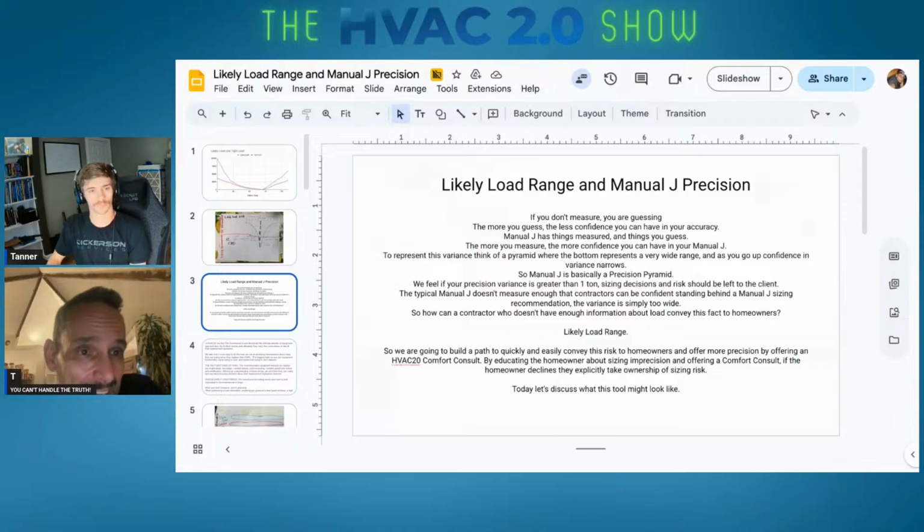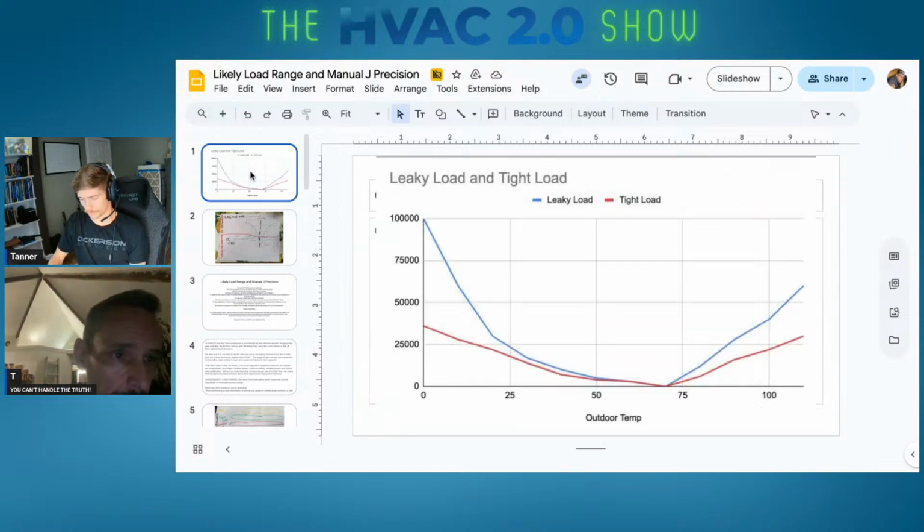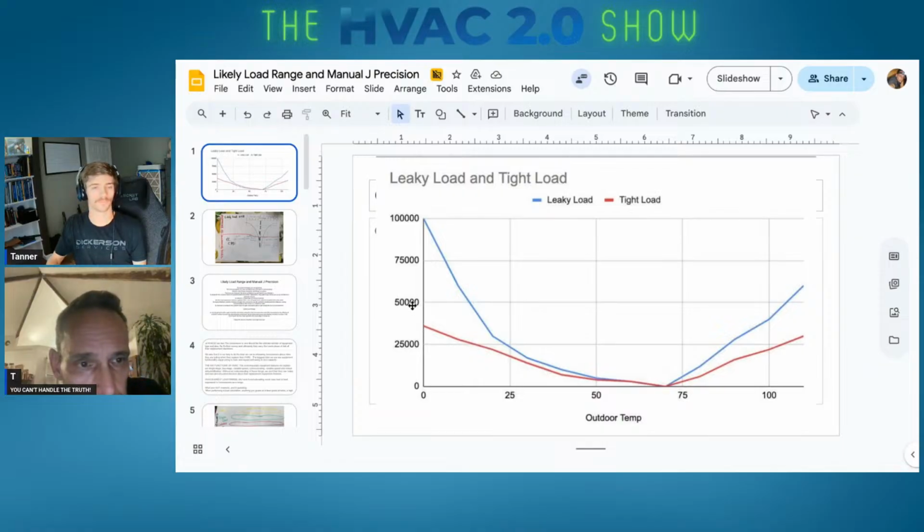But if you didn't get a tremendous amount of information, then you're going to be a whole lot less accurate. Again, going back to this slide, without that information, you've got to guess somewhere between here and here. And with that information, your variance is much tighter.